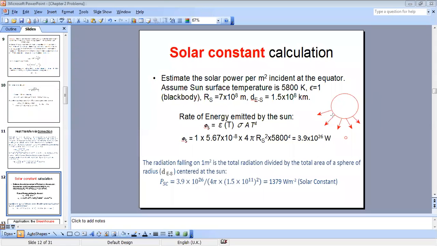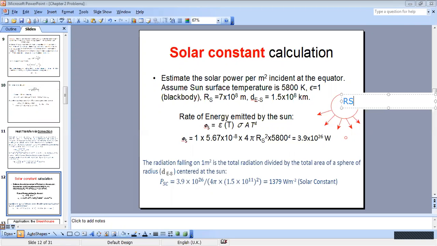The sun is in the form of a sphere, and they gave us the radius of the sun, okay? So what we want is the external area. The area of the sphere from the outer side is equal to 4 pi times the radius of the sphere squared, so this is RS.